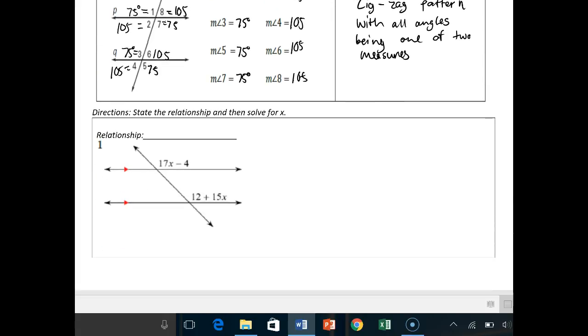Right? Number 1. We want to state the relationship and then solve for x. So this is same side and skip this angle. So this is a corresponding relationship. So they are corresponding angles. Corresponding angles are congruent, so we can set them equal to each other. So we say 17x minus 4 equals 12 plus 15x.